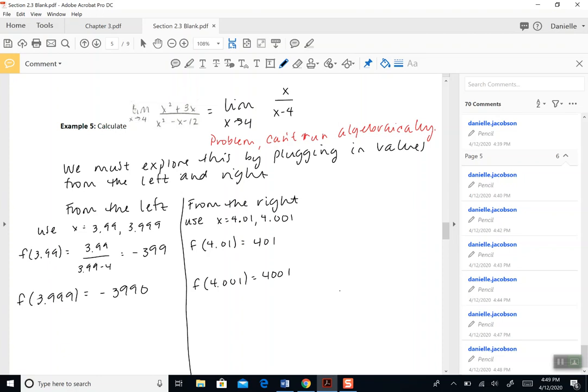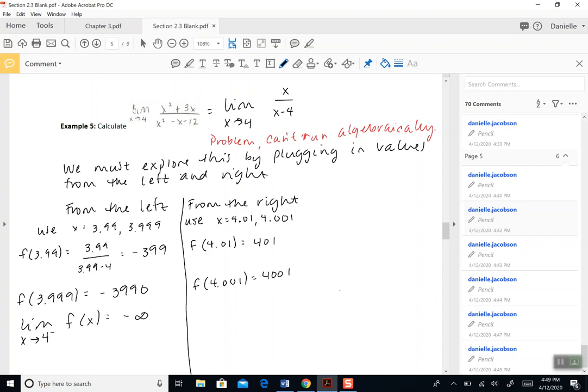Okay, so anyway, when I do this, I see that this is increasing by a lot. If I wanted to test it out further, I could plug in 3.99999, etc., and I would see that this does in fact approach negative infinity. So from this, I see that the limit as x goes to 4 from the left of f of x is negative infinity.